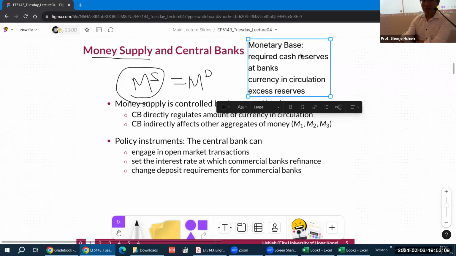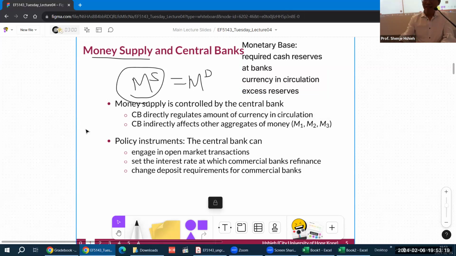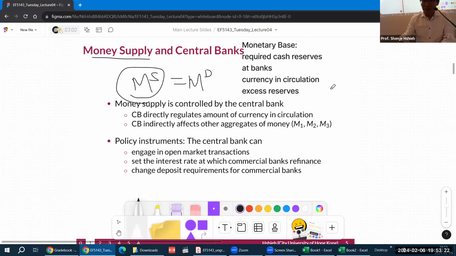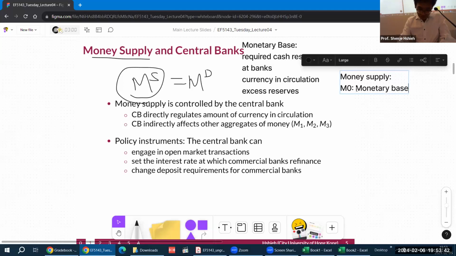All right, so that's probably the most fundamental measure of money supply. But money supply actually involves more than just that. Money supply is an expansion of the monetary base to deposits, commercial deposits. Let me tell you what those are. Money supply now includes M0, which is the monetary base plus bank reserves.